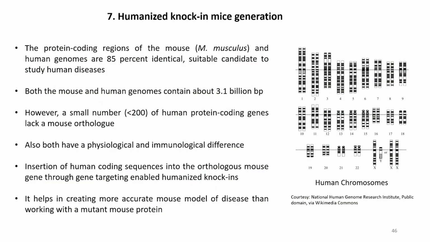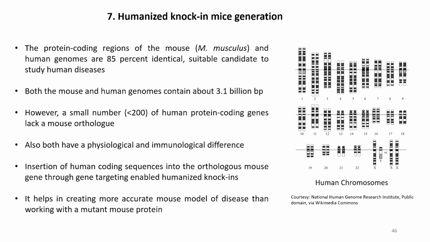So, we may knock out some of the genes which are not similar to humans in mice, and then we may replace certain genes in the mice with human copies. So, for such a humanization program we may require both kinds of approaches, a knockout as well as the knock-in approaches. So, let us briefly find out some of the facts.